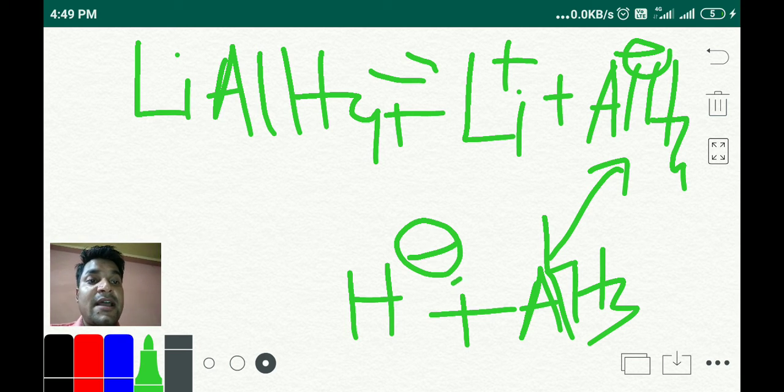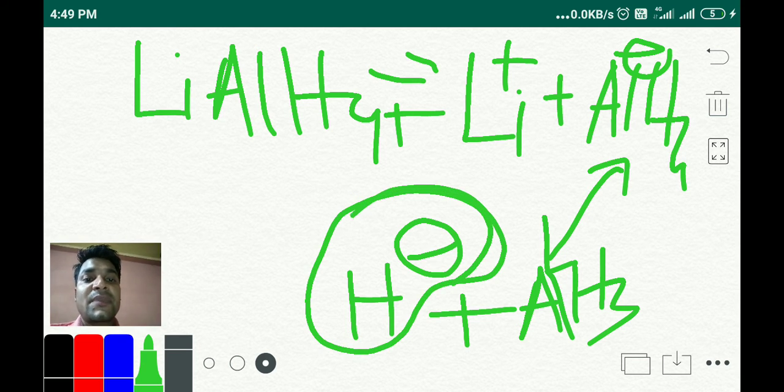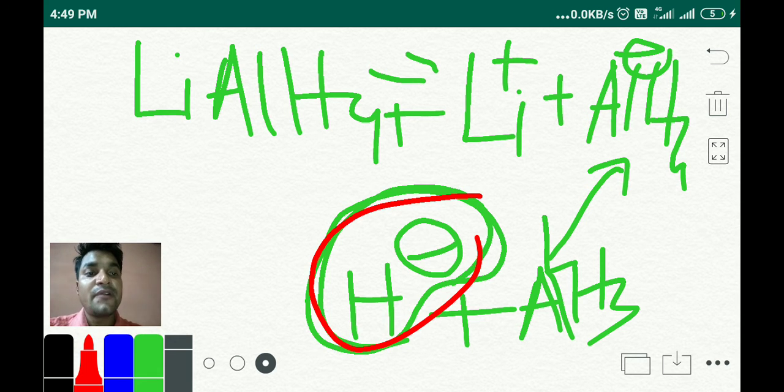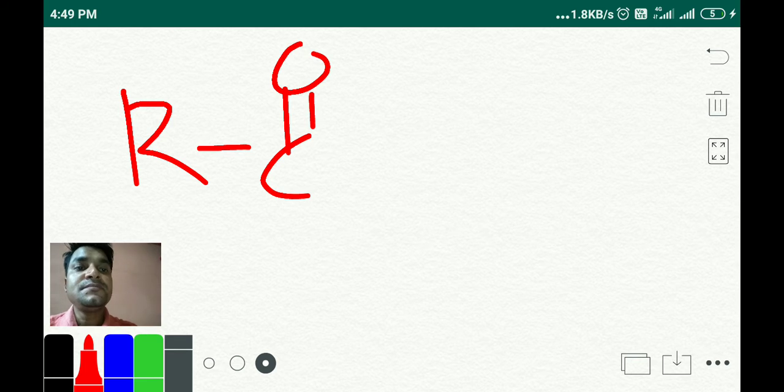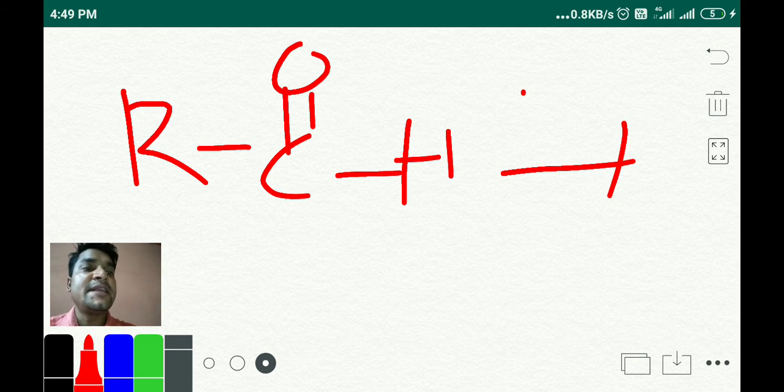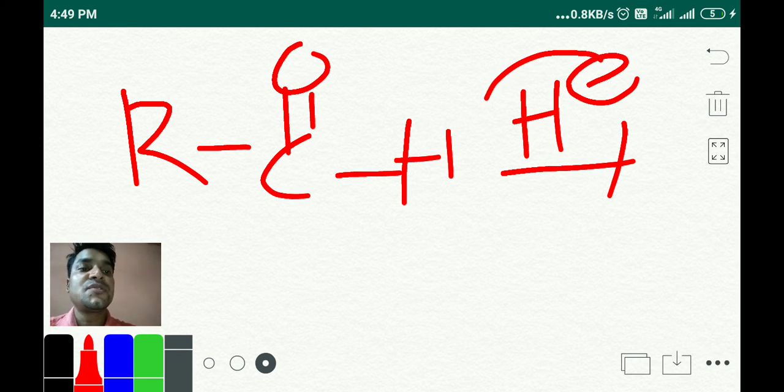This hydride ion, H minus, acts as a nucleophile and adds to the carbonyl group. So a nucleophilic addition reaction is going on. Look at how this hydride reacts. Take any aldehyde, and the hydride ion will definitely attack there.